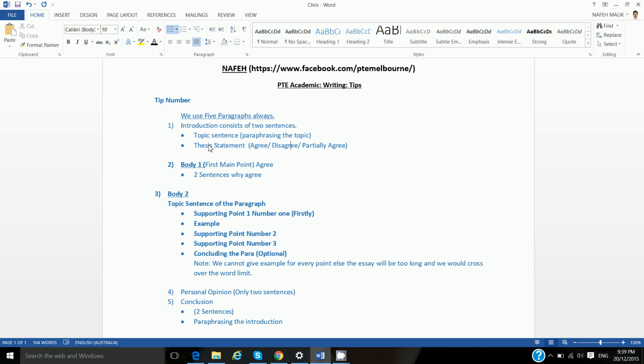Now comes the body. The body is divided into 2 parts, body 1 and body 2. A lot of the students spend time on the introduction and therefore are left with less time for the body. Students, please know this: the majority of the marks are in the body and only a minority of marks are for the introduction and conclusion.